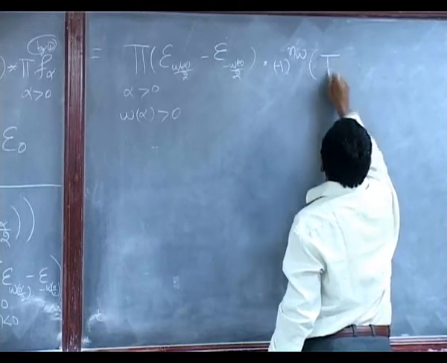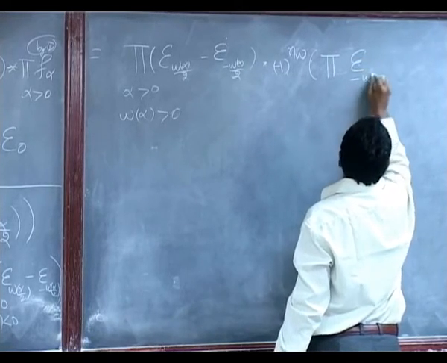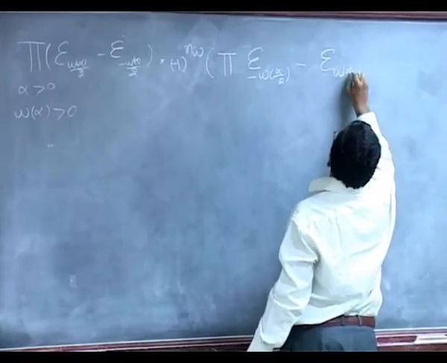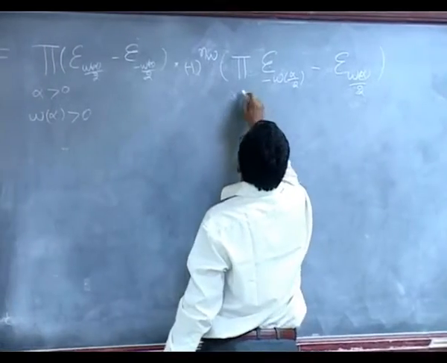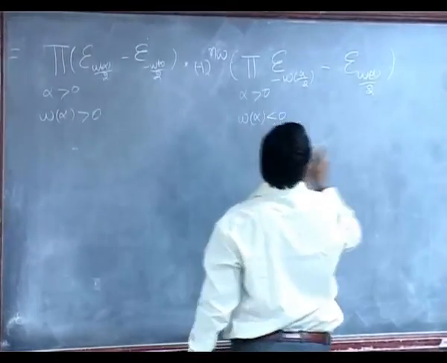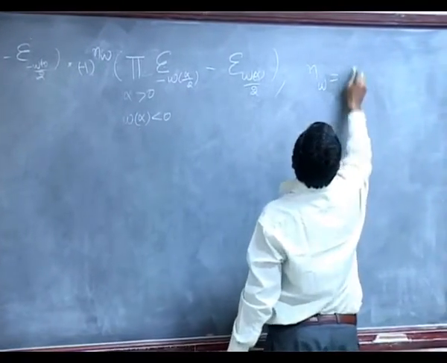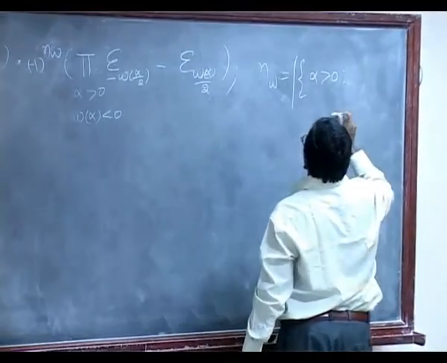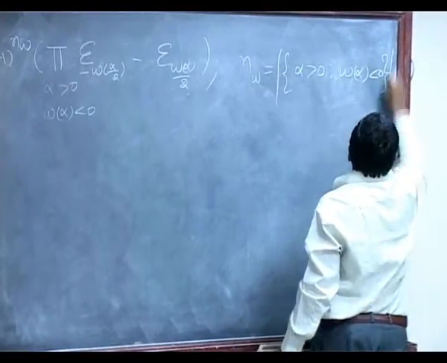I just explained what is the meaning of that. Epsilon minus W of alpha by 2 minus epsilon W of alpha by 2, alpha positive, W of alpha negative, where NW is the number of positive roots such that W of alpha is negative, this number.